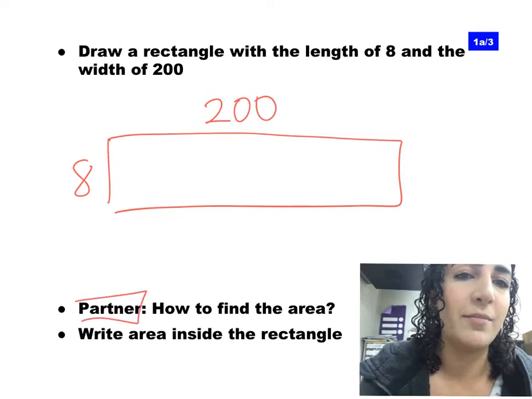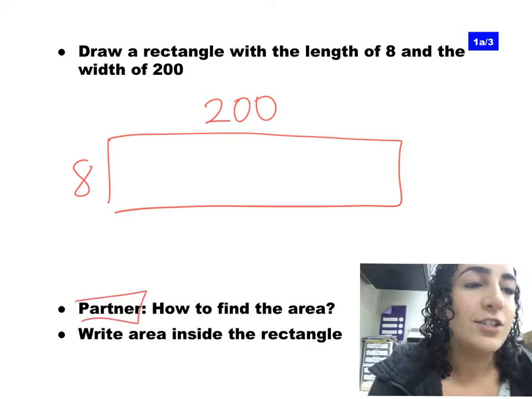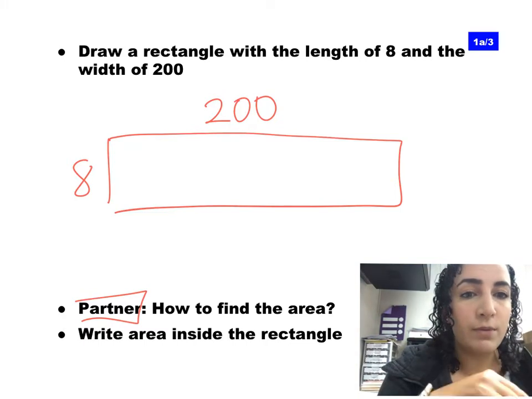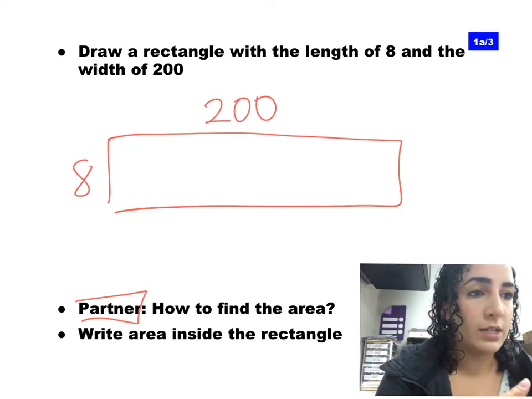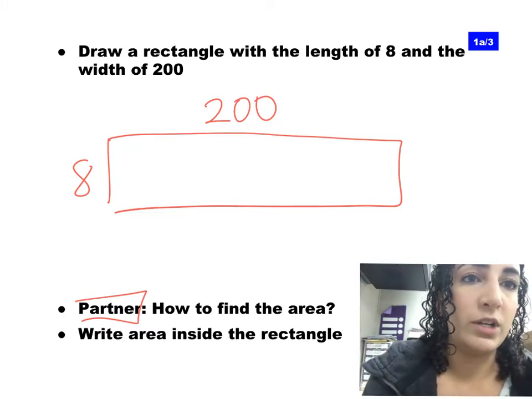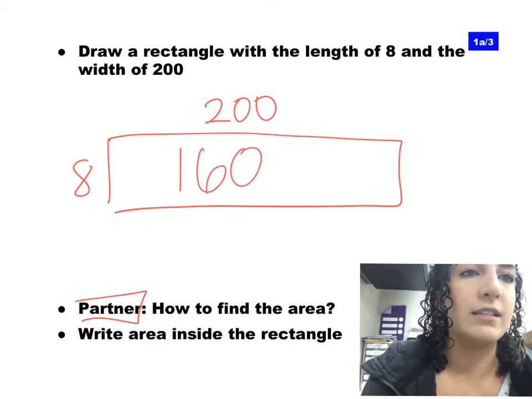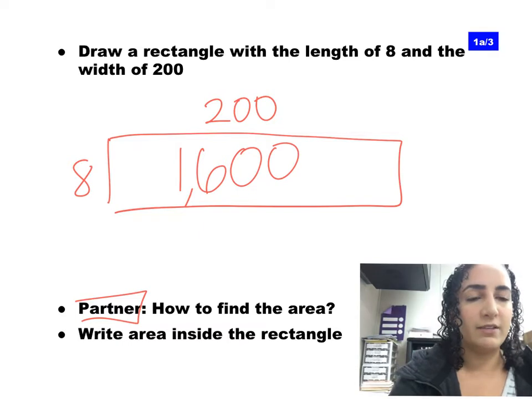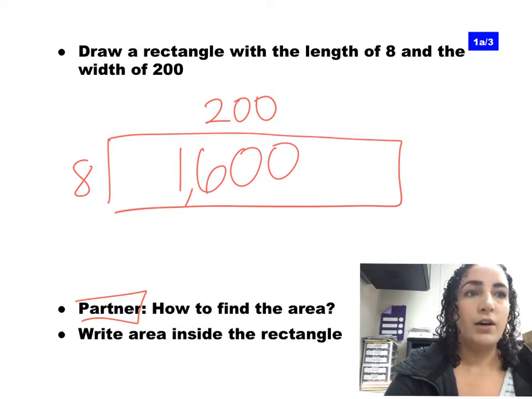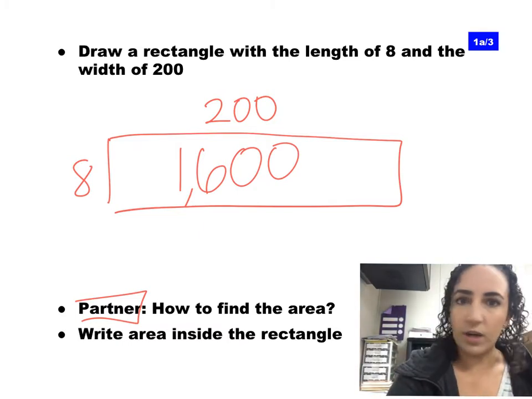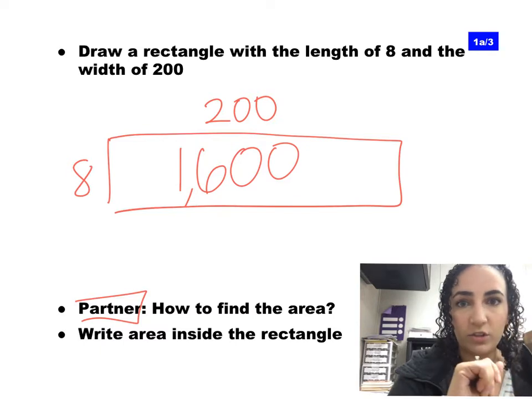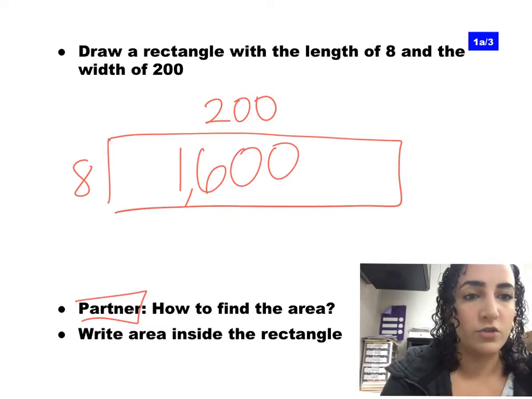Now here it says partner, but hi, I'm your partner today. So we're going to find the area of this rectangle. So we would do 200 times 8, which we know 2 times 8 is 16. So 200 times 8 is 1600. Okay, keep this here. Do not erase what's on your desk. It should look just like the one that I have here on your screen.